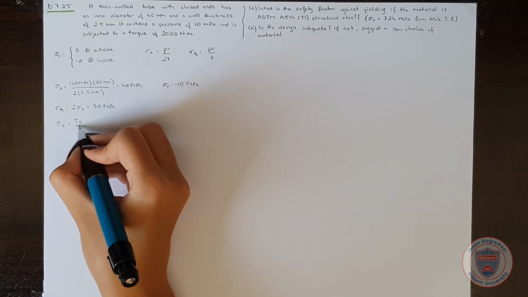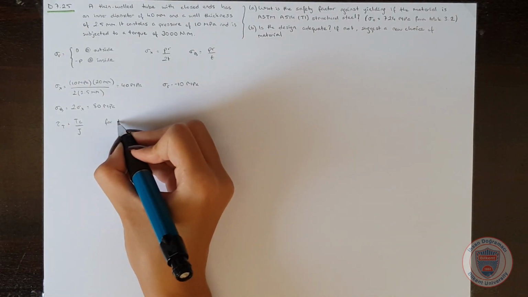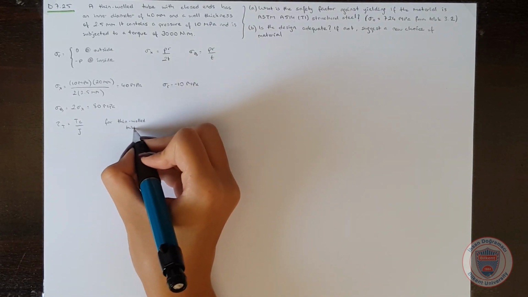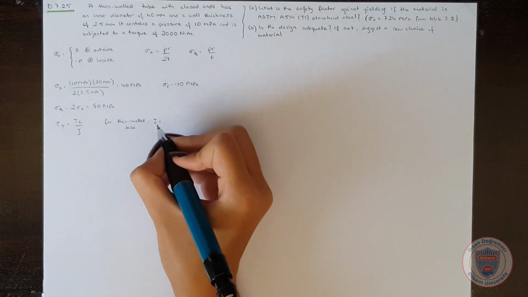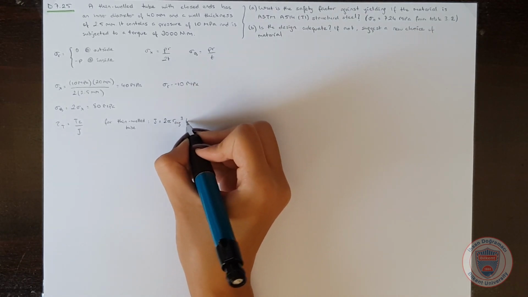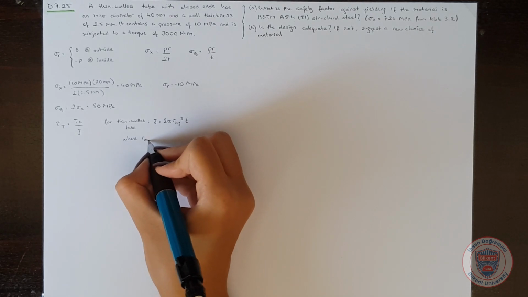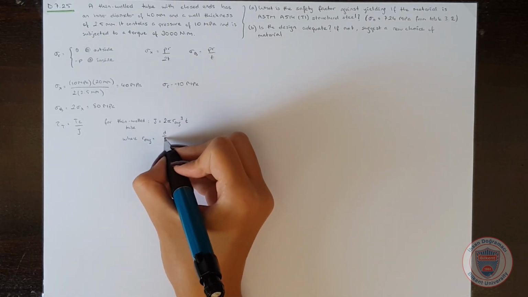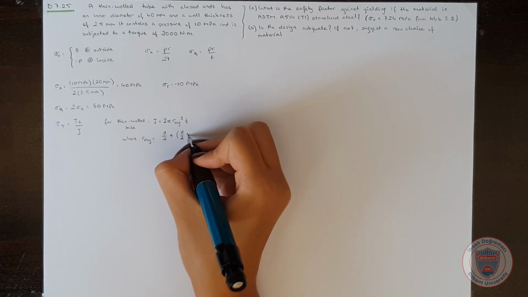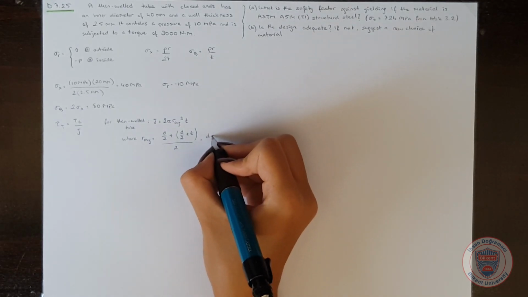We know that tau is equal to Tc over J, and we know that for a thin walled tube, the polar moment of inertia is equal to 2 pi R average cube times T, where R average is equal to (D over 2 plus D over 2 plus T over 2) over 2, and this gives D plus T over 2.